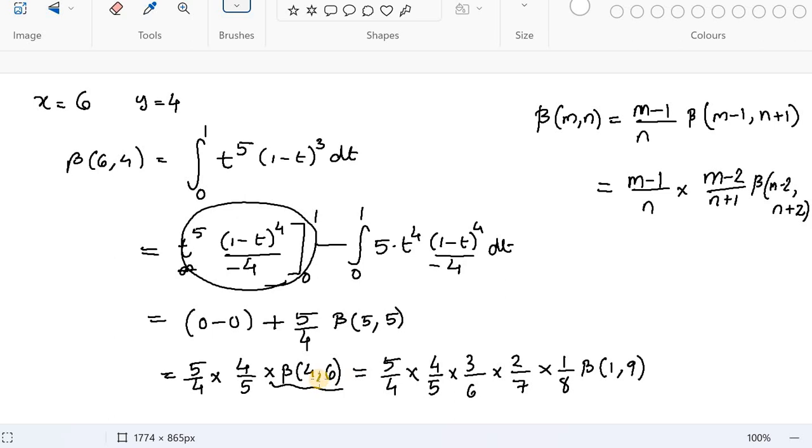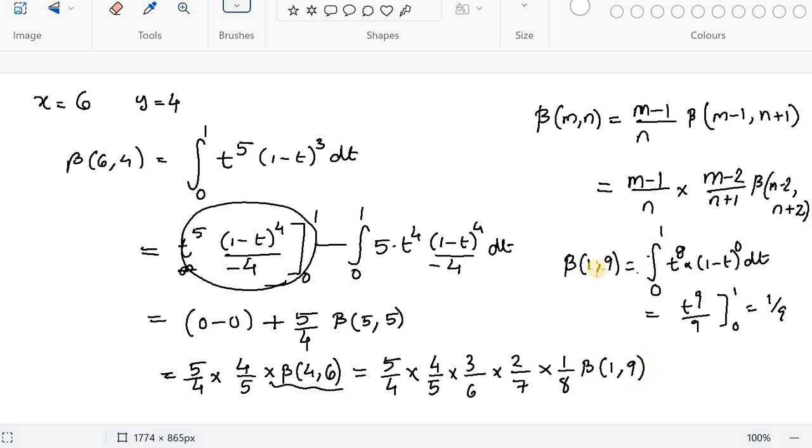Again this beta of 4 comma 6 will become 3 by 6 into beta of 3 comma 7. So it is 5 by 4 into 4 by 5 into 3 by 6, continuing like this, you get 2 by 7 into 1 by 8 into beta of 1 comma 9. Now this beta of 1 comma 9 is the same as beta of 9 comma 1.